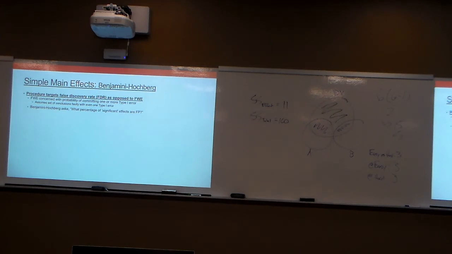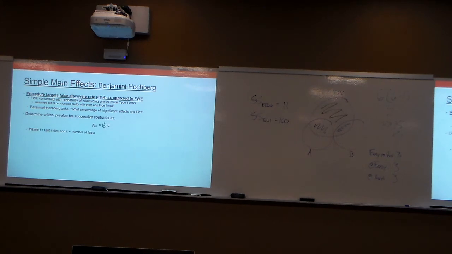Benjamini-Hochberg is a different approach. It's asking what percentage of significant effects are going to be false positives, right? This is a little bit different. So I'm asking, what's the likelihood of me making a false positive among the effects that are statistically significant?